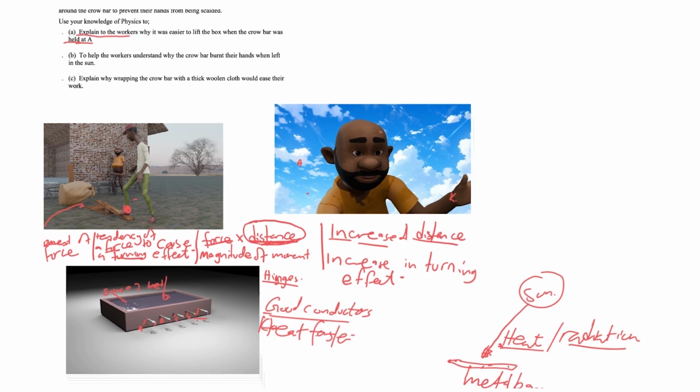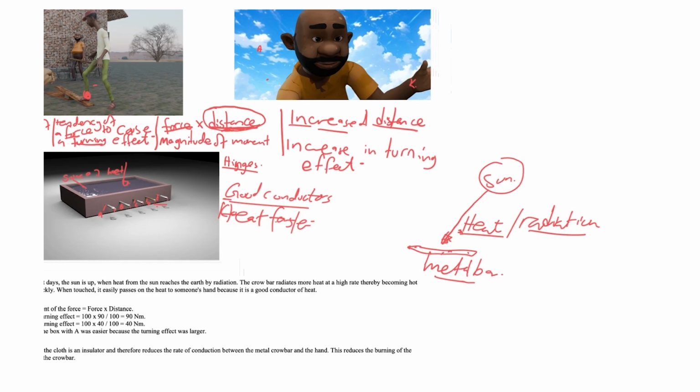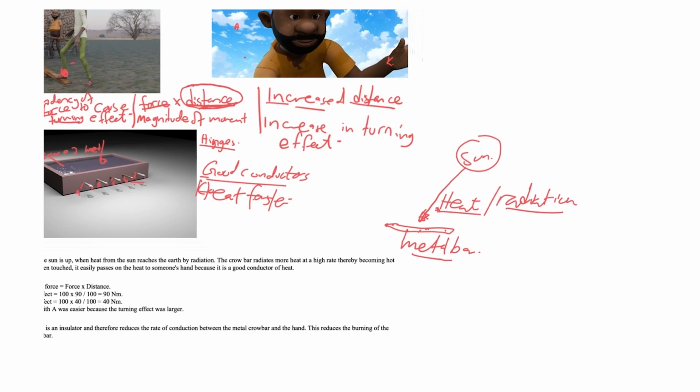Okay. And lastly, explain why wrapping the crowbar with a thick woolen cloth would ease their work. Okay, what is the role of now the thick woolen cloth? Assume that this was a hot metal bar. It is now hot.